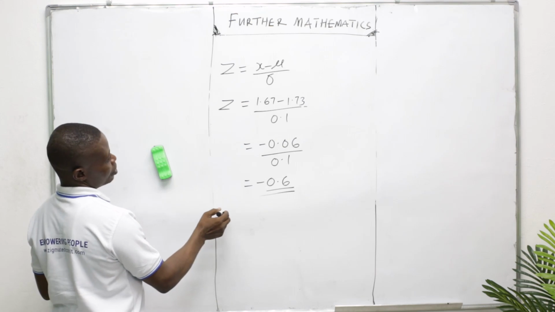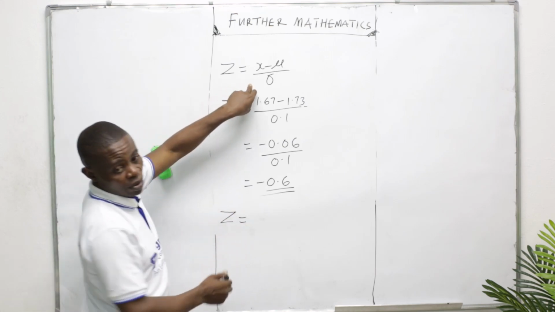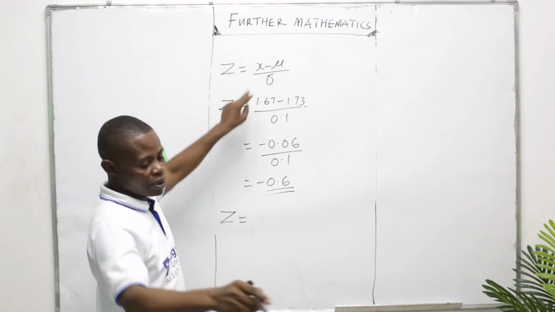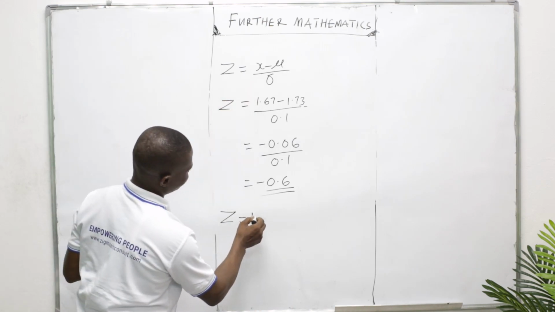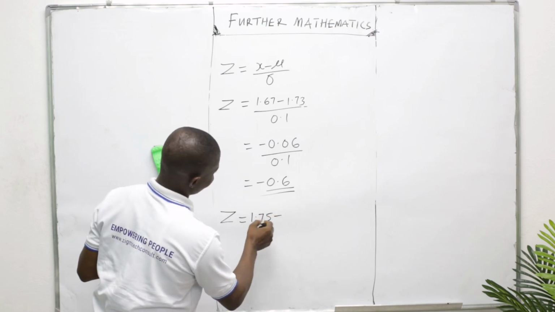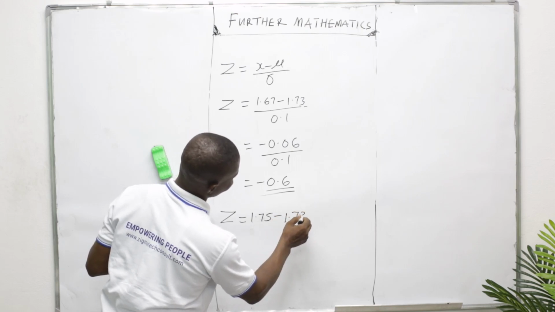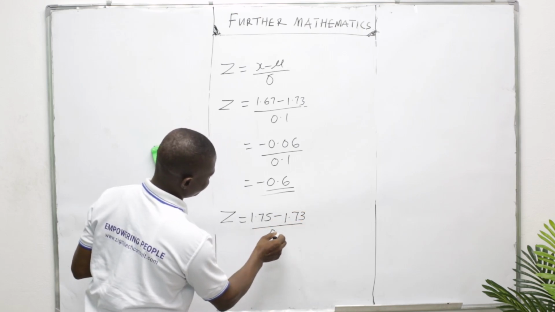First z, the second z, we have z equals x minus mean. What's the mean? 1.75 minus, that's the score, 1.75 minus mean 1.73, all over 0.1.